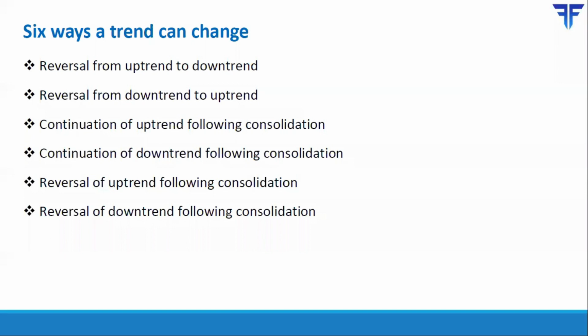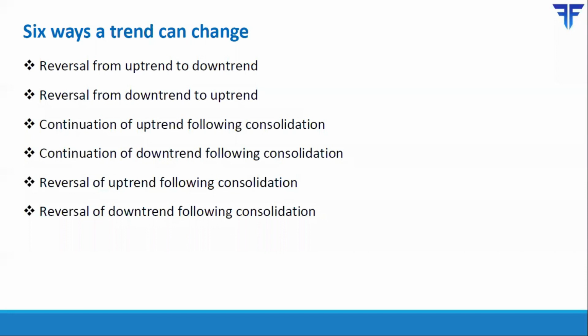So at some point in time, the downtrend will end. Same logic applies to a sideways trend also. A sideways trend cannot continue forever. At some point in time, either the bulls will take control of the price and push prices higher, or the bears will take control of the price and push prices lower.